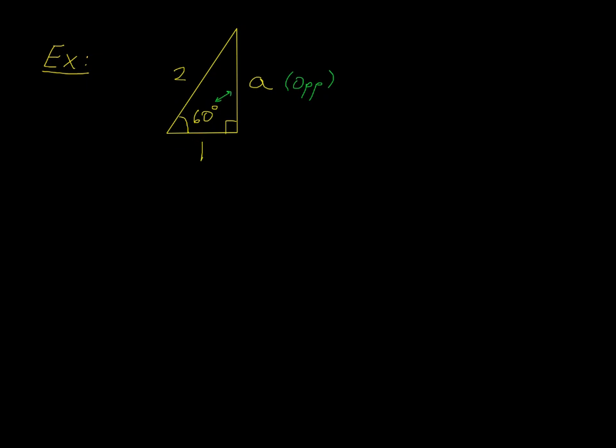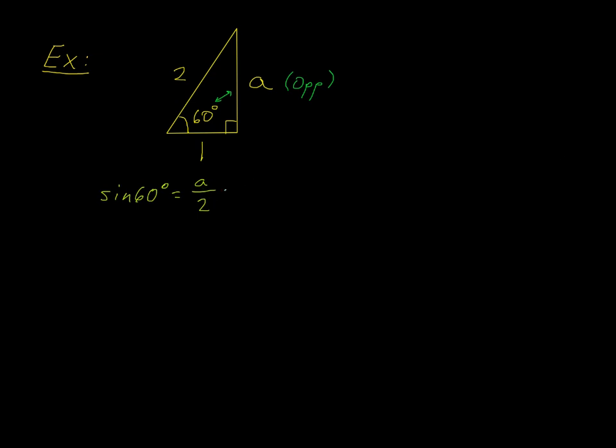One way I could set this up is to relate the opposite side A to the hypotenuse, which is 2. Opposite over hypotenuse, that would be the sine ratio. So I can say the sine of 60 degrees is equal to the ratio of A divided by 2, right? Opposite divided by hypotenuse.